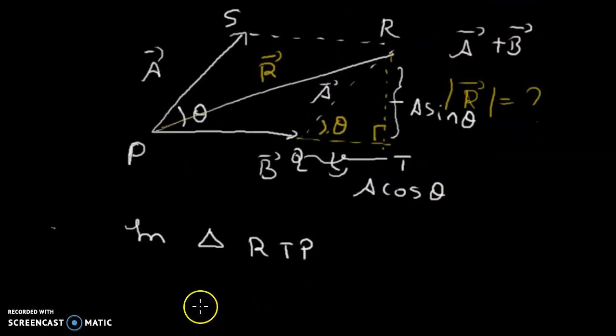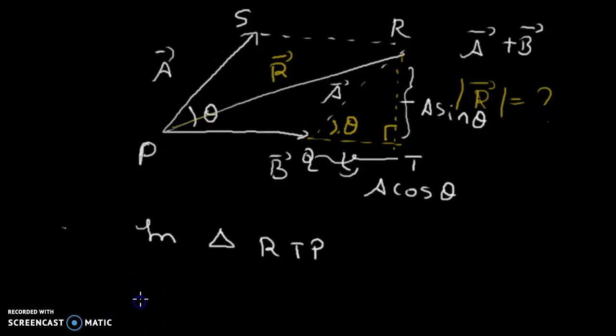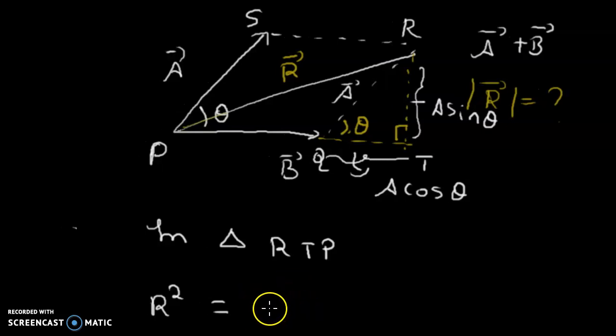If I apply that, R square, which is the resultant, which is the diagonal, which is also the hypotenuse over here, would be equivalent to A square sine square theta, the perpendicular square, and the base square, and the base is important.